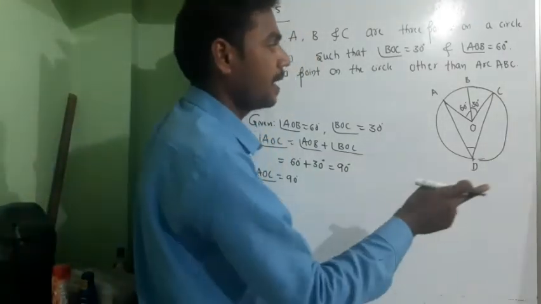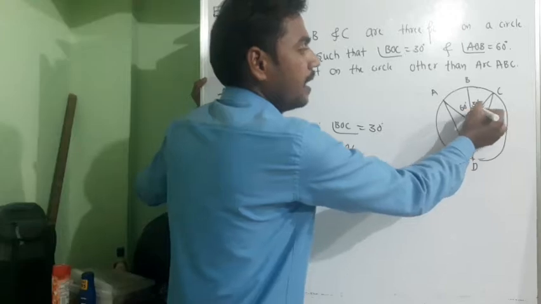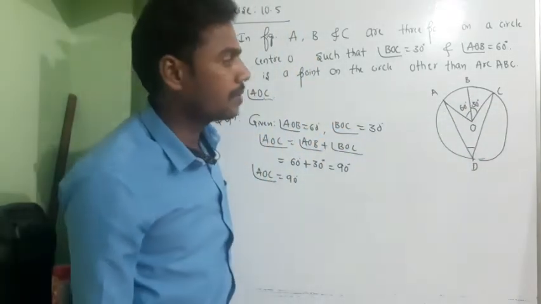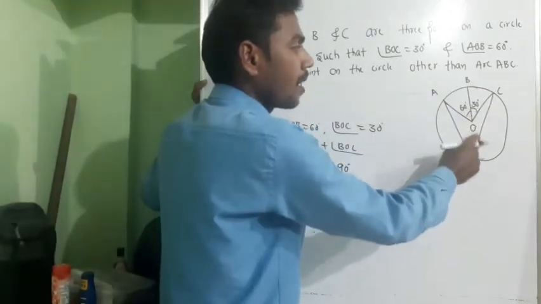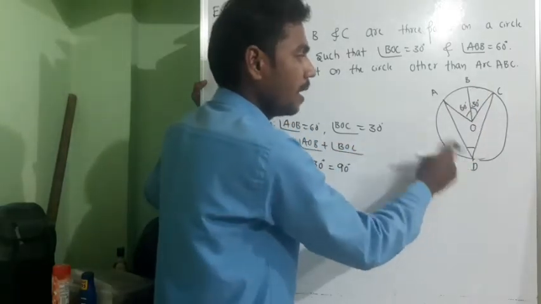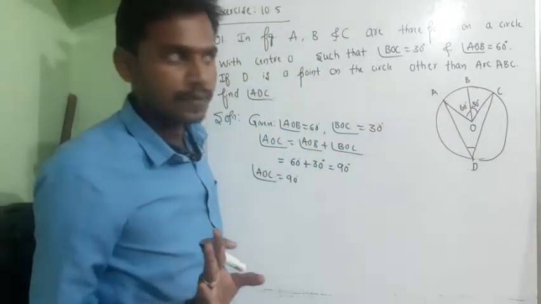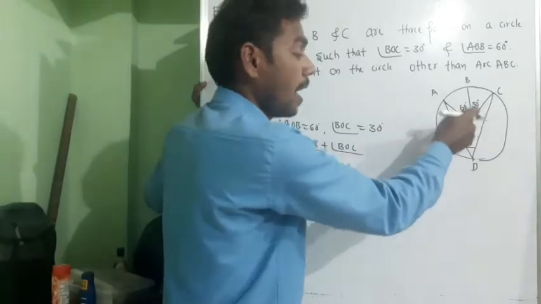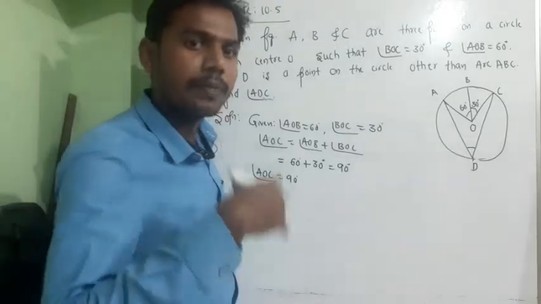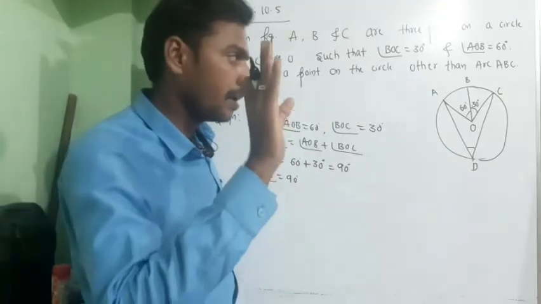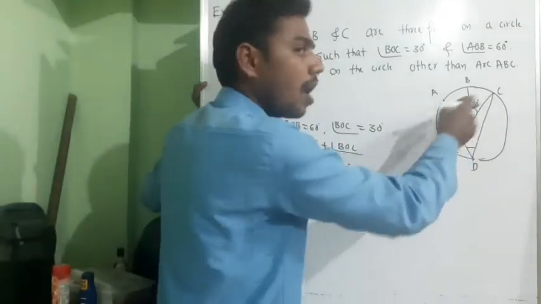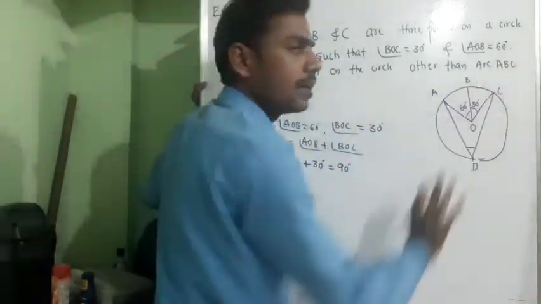According to that theorem, if 90 degrees is the angle formed at AOC, then ADC will be half of it, or else AOC is 2 times ADC.